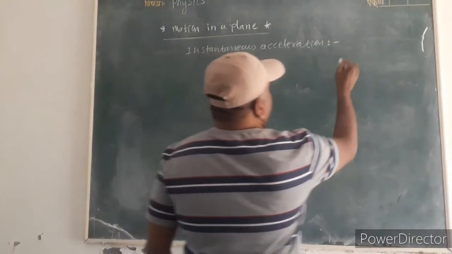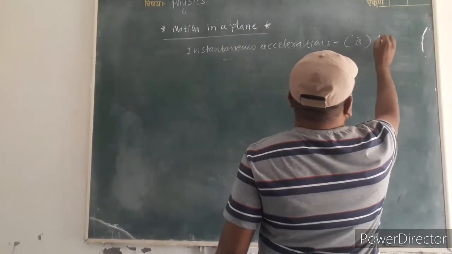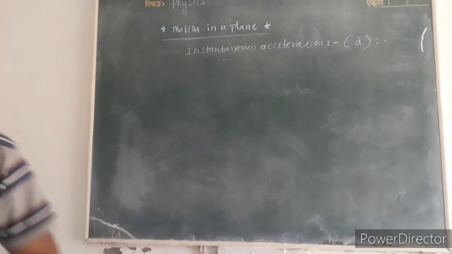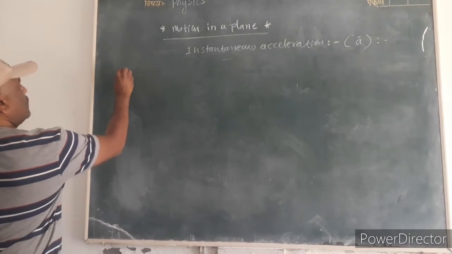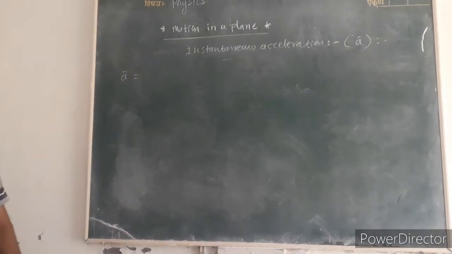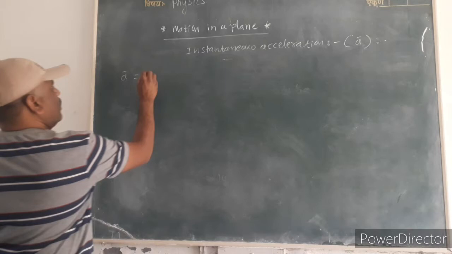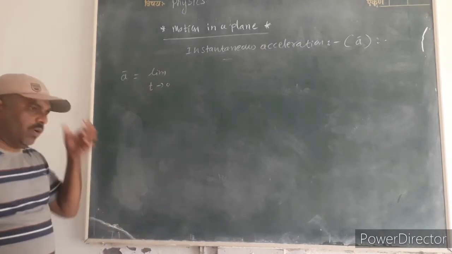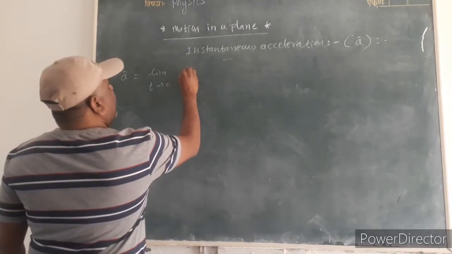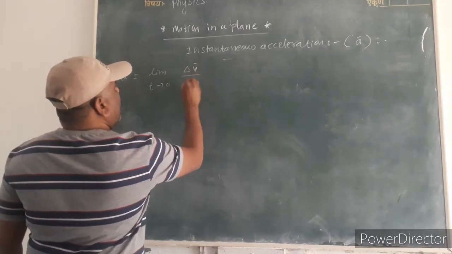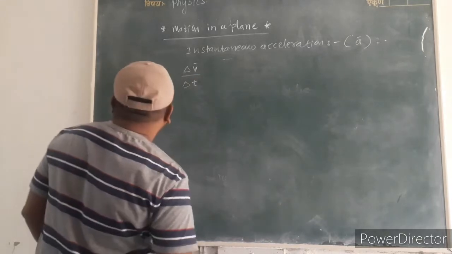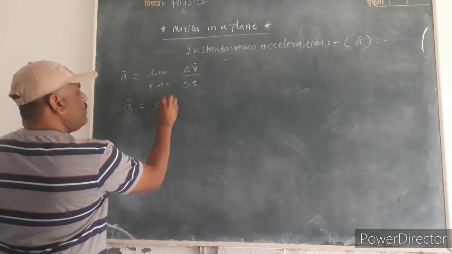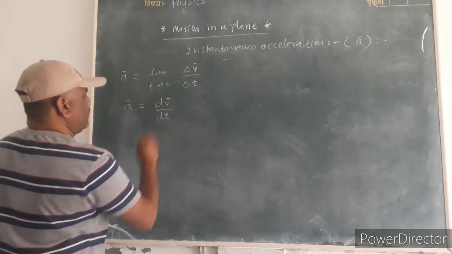Now the instantaneous acceleration is denoted as a bar, and a bar is equal to limit delta t tends to 0 of delta v bar upon delta t, or a bar is equal to dv bar upon dt.